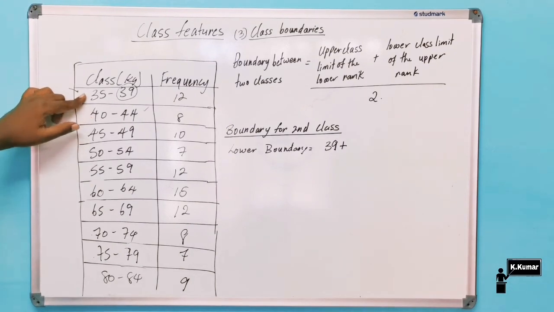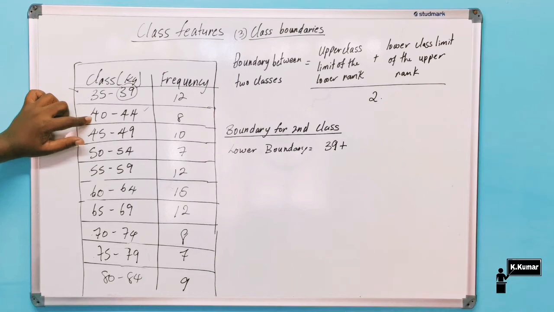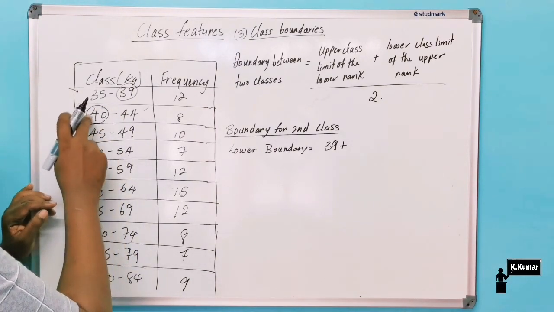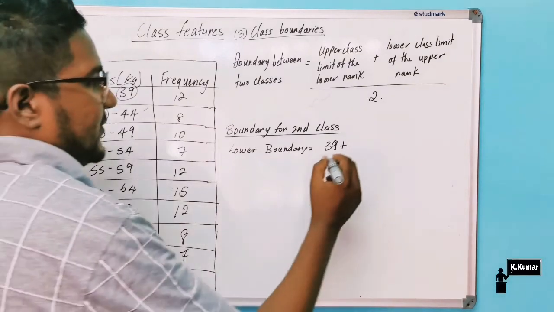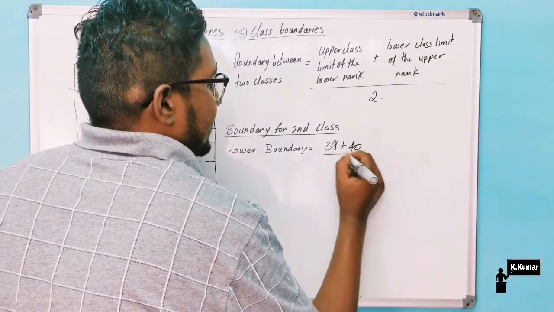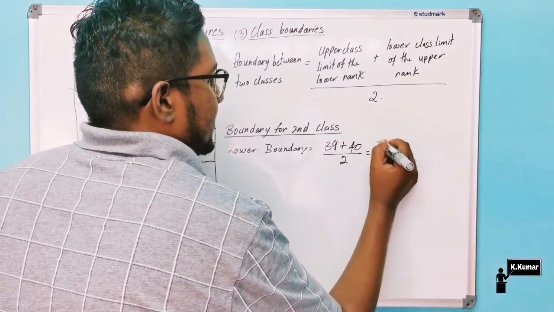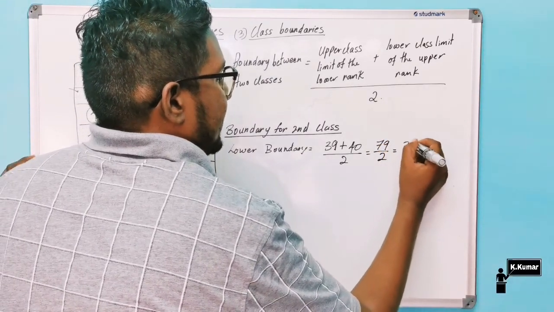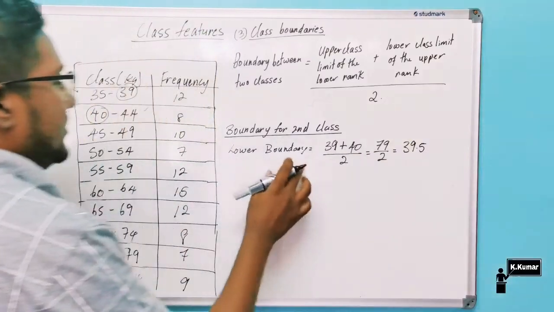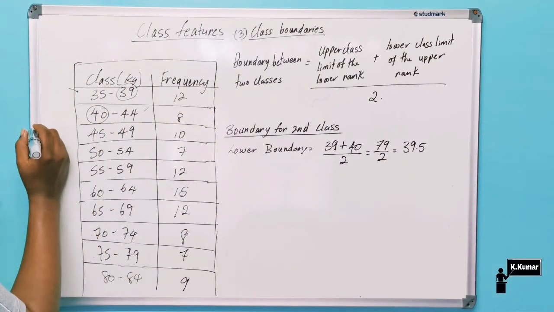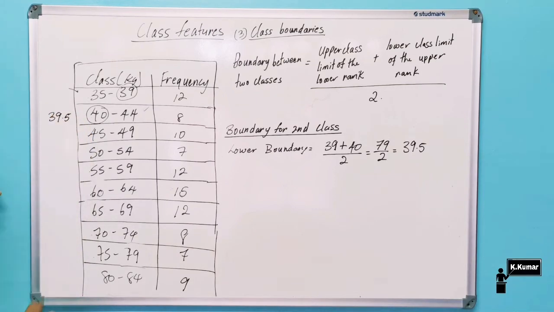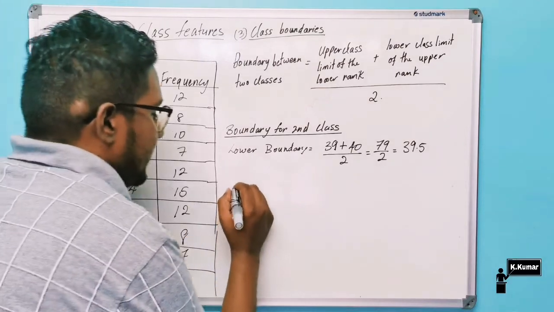If this is our lower, then this becomes our upper, right? So the other class limit we're looking at would be 40. So it would be 39 plus 40 divided by 2, which is 79 divided by 2, and that's going to give me 39.5. So the lower boundary for my second class is going to be 39.5.